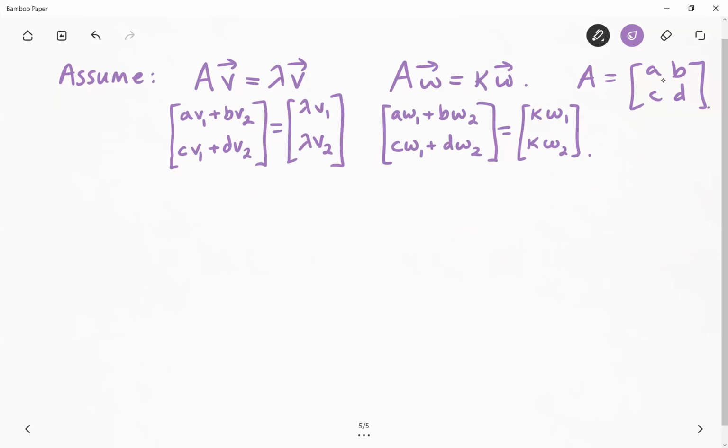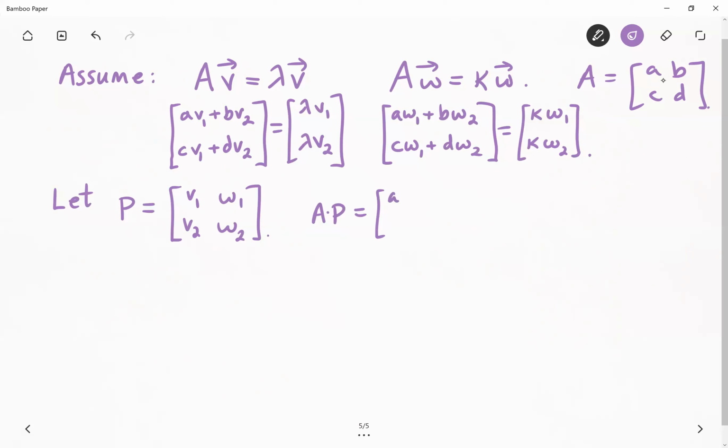So we're assuming that lambda and kappa are eigenvalues, V and W are eigenvectors. That means these two equations are true. So then we will let P be the matrix containing V1, V2, W1, W2. What happens when we multiply A times P?